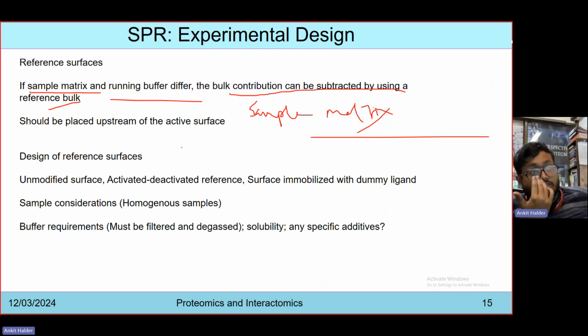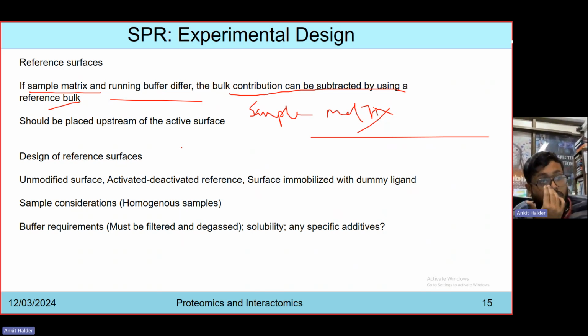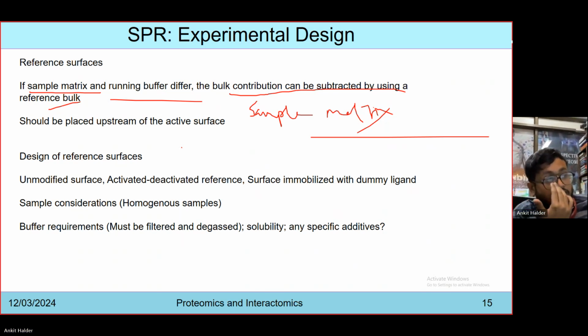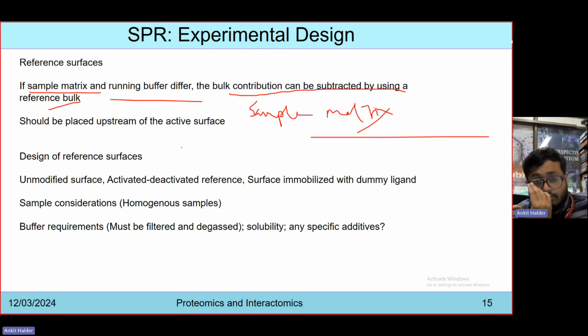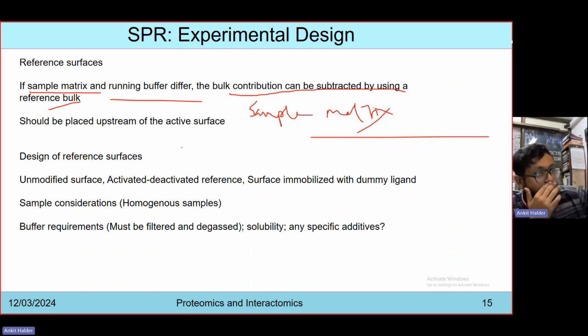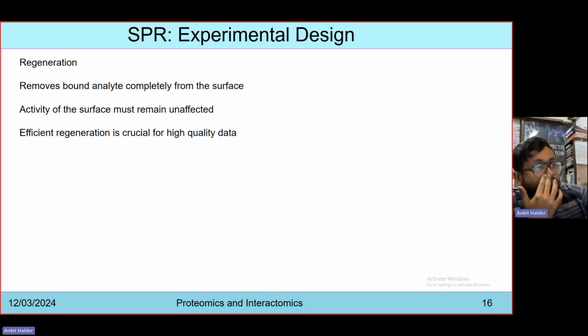So: unmodified surface, activated and deactivated surface, immobilized with dummy ligand, and the sample considerations, that is homogeneous samples, and buffer requirements. It must be filtered and degassed or deionized, with attention to solubility and specific additives.